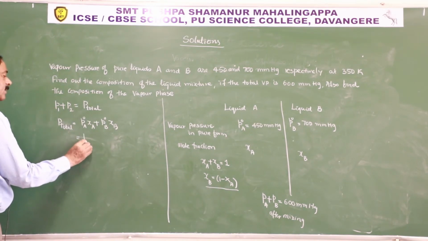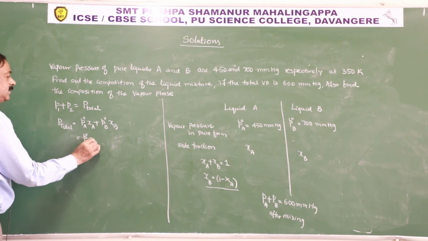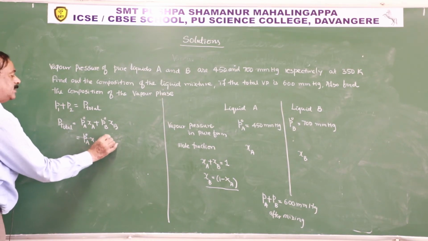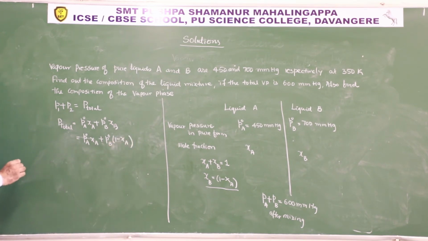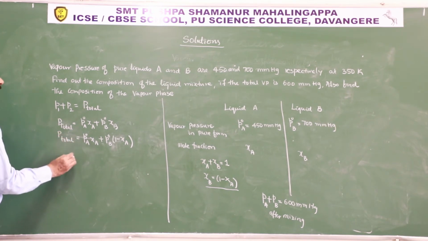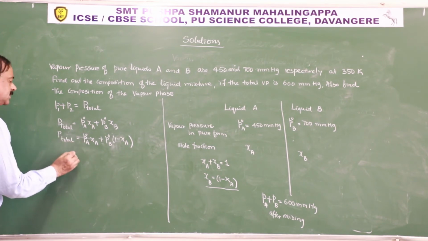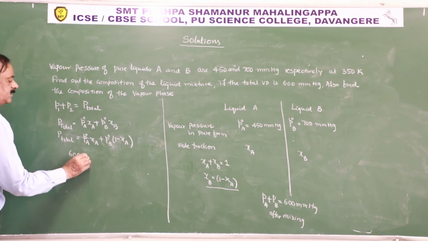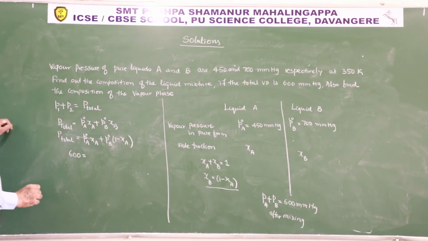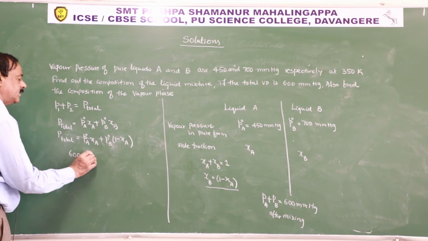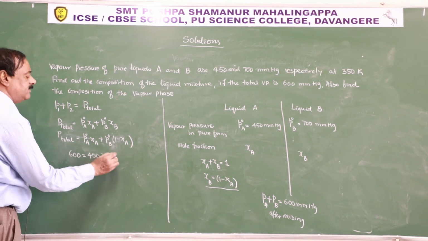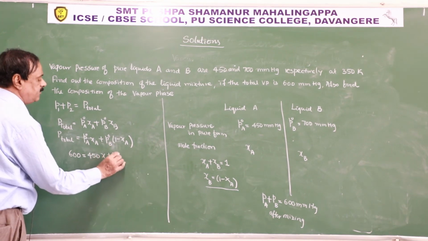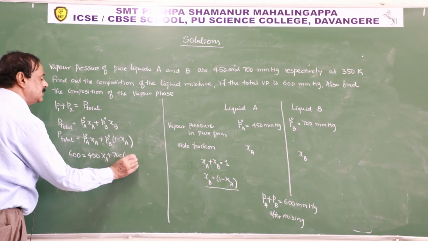Therefore P total equals P naught A into XA plus P naught B into 1 minus XA. P total is given as 600 millimeter of mercury, P naught A is 450 millimeter of mercury into XA, plus P naught B, which is 700 millimeter of mercury, into 1 minus XA.